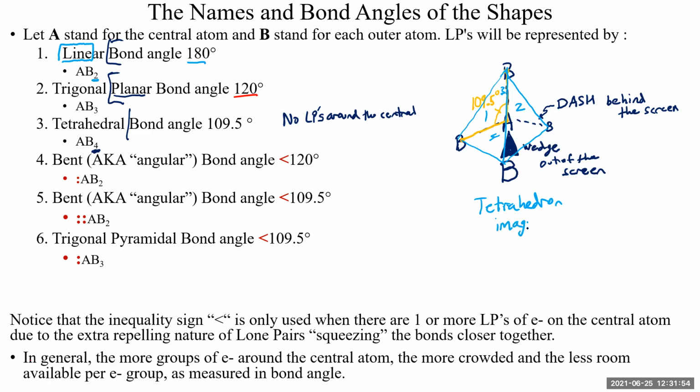These shapes are named based on what they look like, or what the skeleton of the shape would look like if it were delineated by the outer atoms. So this is called tetrahedral because it is shaped like a tetrahedron. So you need exactly 4 outer atoms, and you must not have any lone pairs to make a tetrahedral shape.